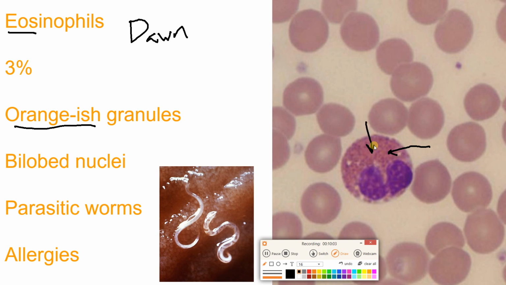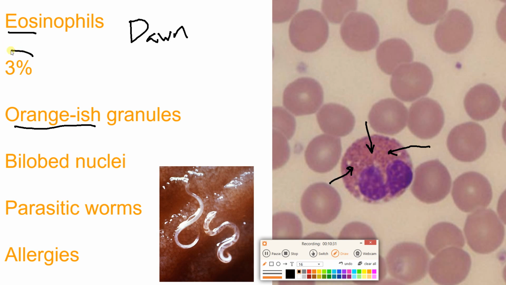Orangish, reddish, somewhere in that region. Think about a sunrise. The sun can take on various shades of orange and red. So orangish, reddish granules, a bilobed nucleus. So as opposed to the multilobed nucleus of a neutrophil, an eosinophil has a bilobed nucleus.